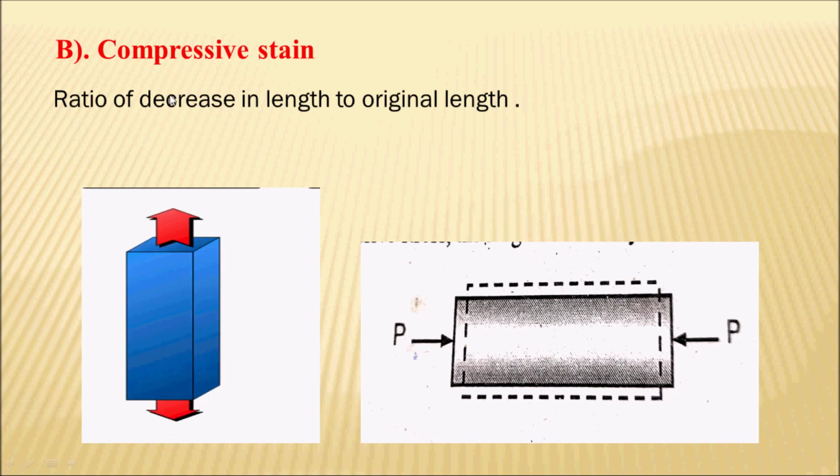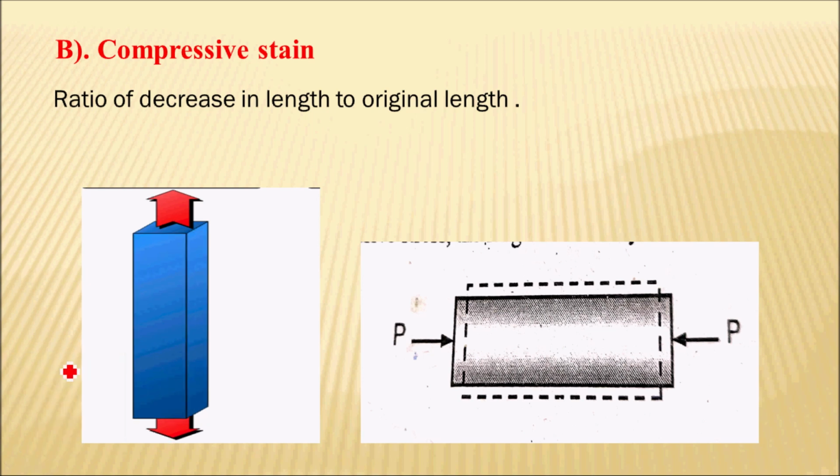The ratio of decrease in length to original length is the compressive strain. So compressive strain is again the same: decrease in length upon original length.